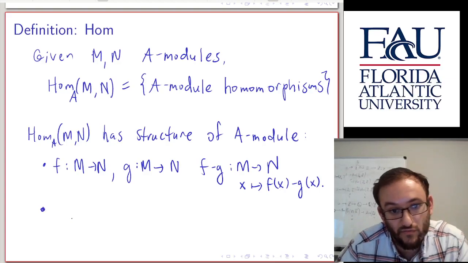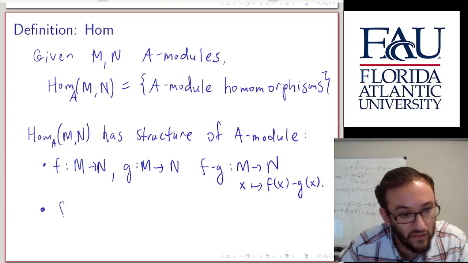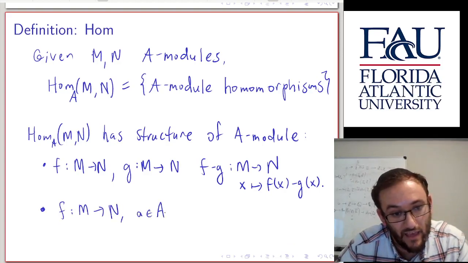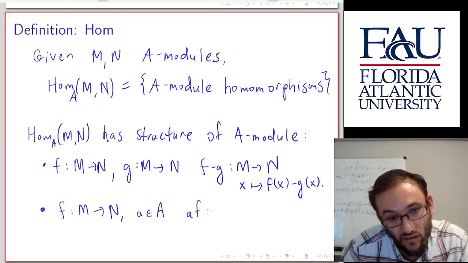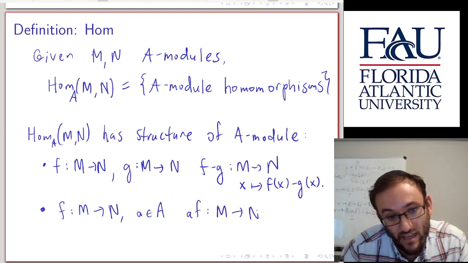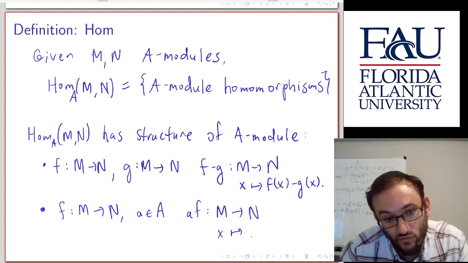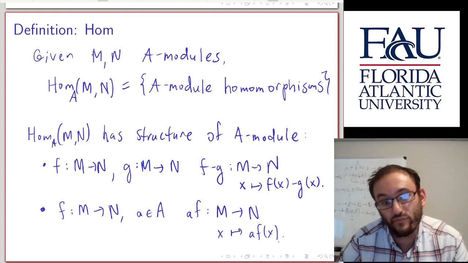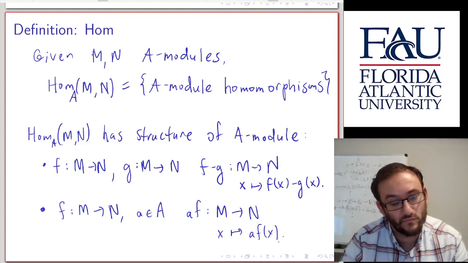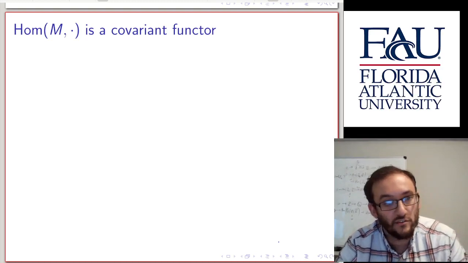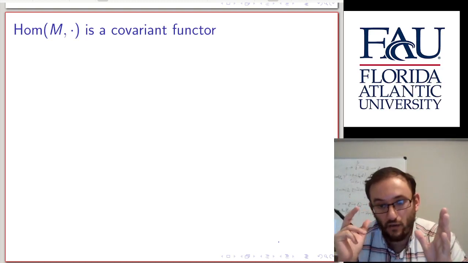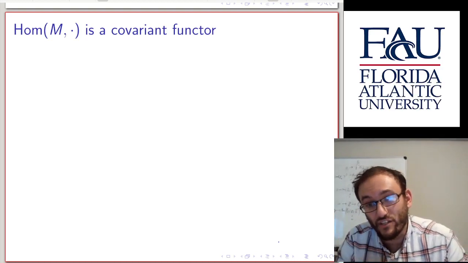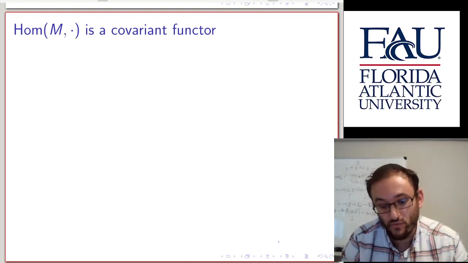And in terms of multiplication by a, given f from M to N and a in A, you can define af as mapping M to N, just sending x to a f of x. Okay, and that's perfectly well defined, again, because we have that N is an A module. But more so than just having this one structure, Hom of M, N being a module, we actually have that this is a functor from the category of modules to itself.